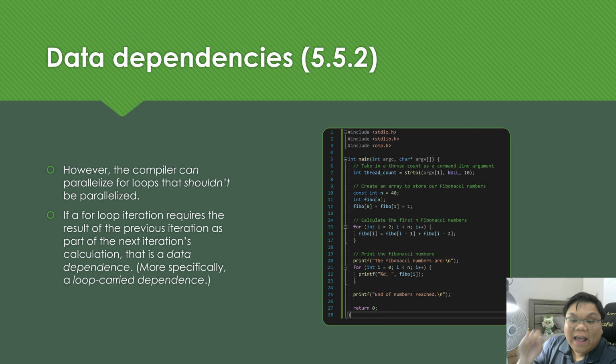You cannot calculate the nth Fibonacci number without having first calculated all the Fibonacci numbers before that. This is called a loop carry dependence, and yes, you can try to parallelize a for loop in this way, but you're not going to get a good result. You're going to get a garbage result.